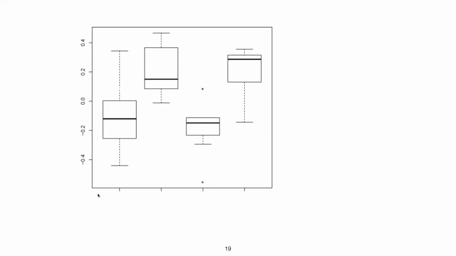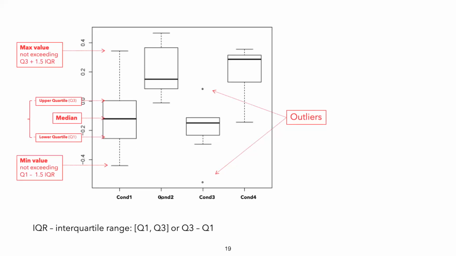If you imagine these to be your different types of samples or conditions, then you have some meaningful statistics about each one that you can start comparing. For example, the maximum value, the minimum value, the upper quartile, lower quartile, and the median. You can sometimes plot both the median and the mean on a box and whisker plot.